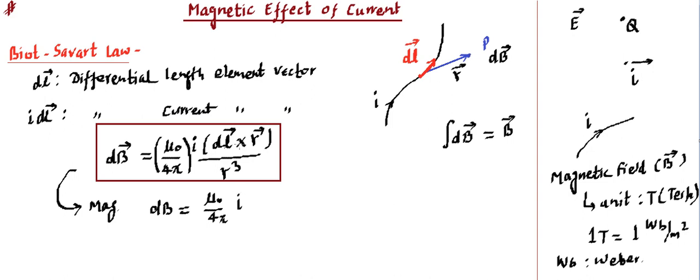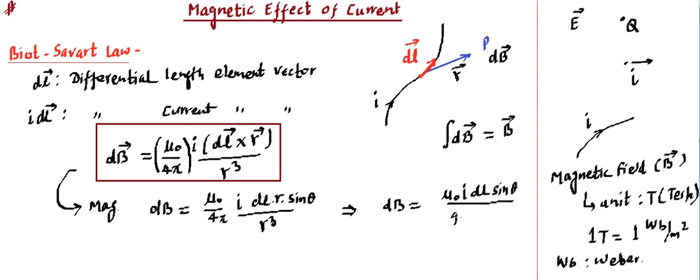You need to go for the cross product of this, and when you do the cross product, you are going to get dl into r into sine theta, where theta is the angle between them, divided by r cube, which can be simplified. That means the magnitude of the differential magnetic field is going to be equal to mu naught I dl sin theta divided by 4 pi r square.